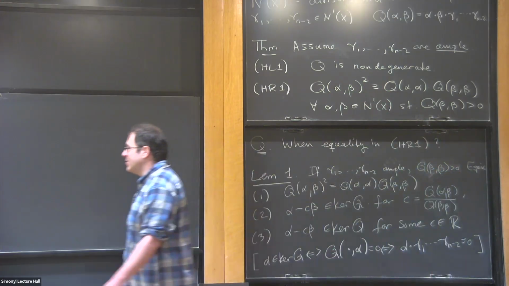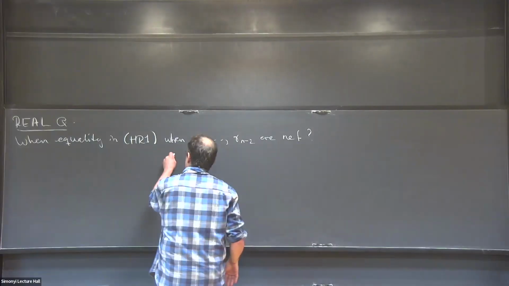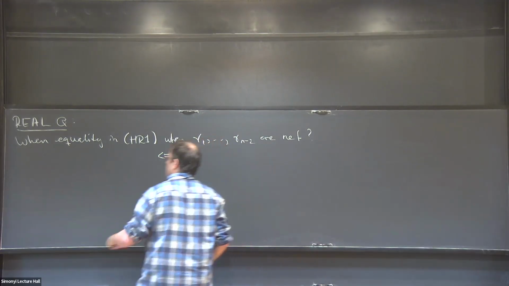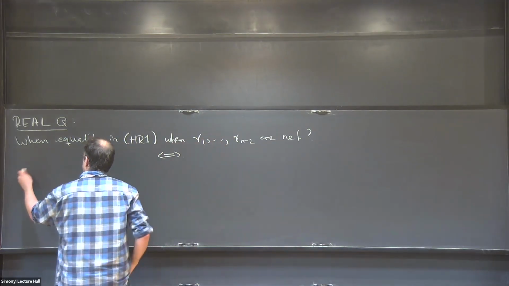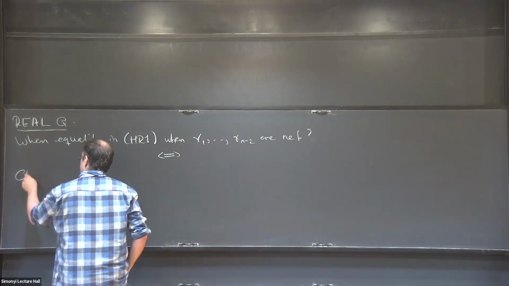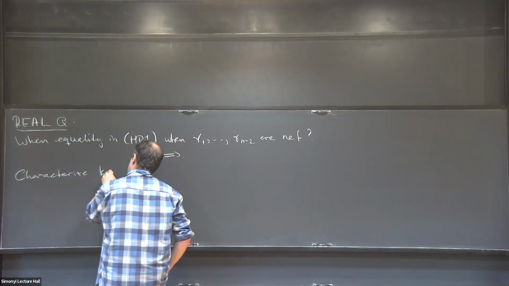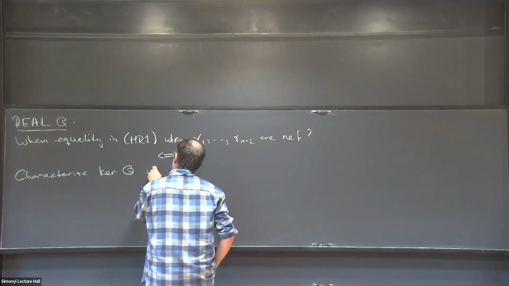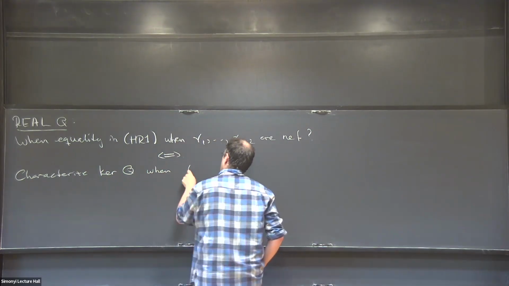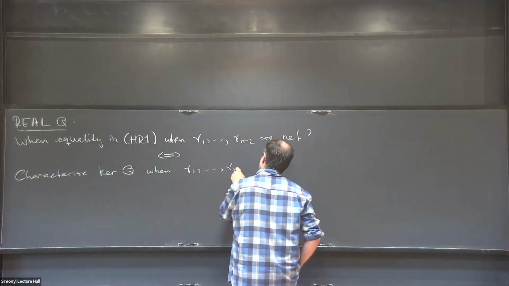In particular, you can just reformulate this, which is that we want to characterize the kernel of this quadratic form when gamma 1 to gamma n minus 2 are nef.